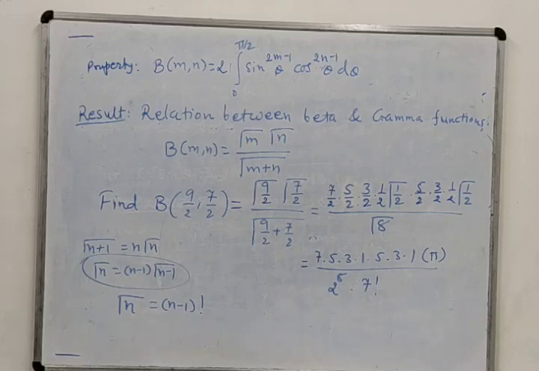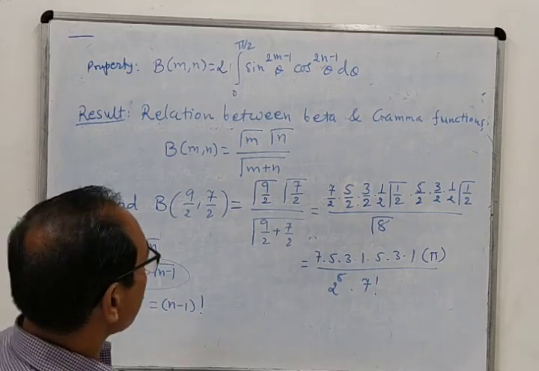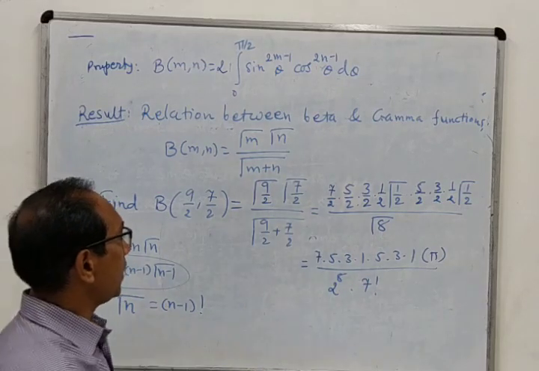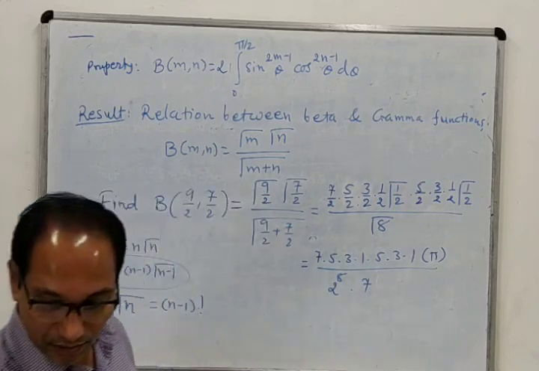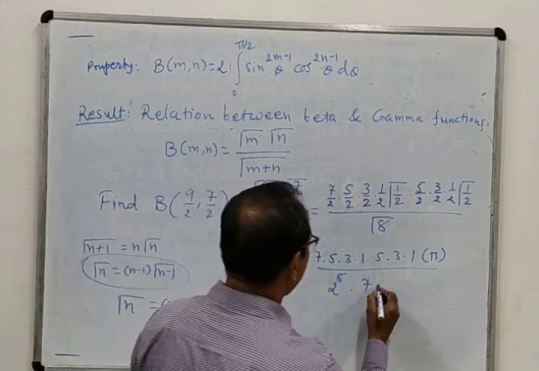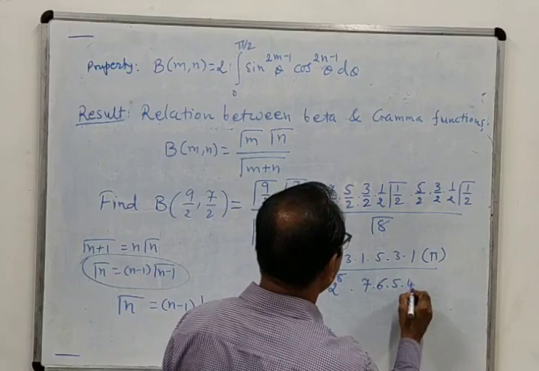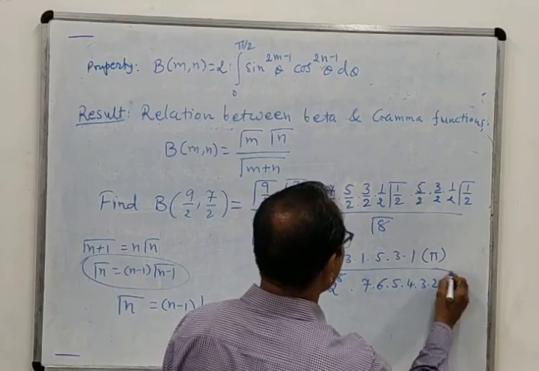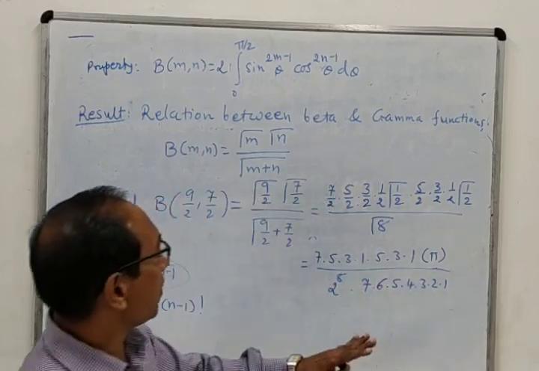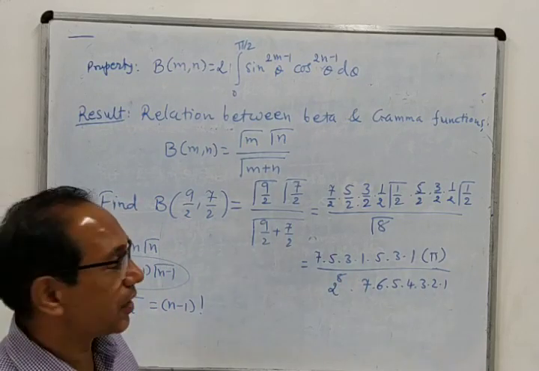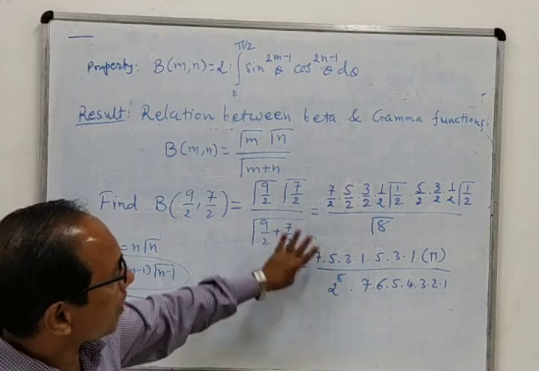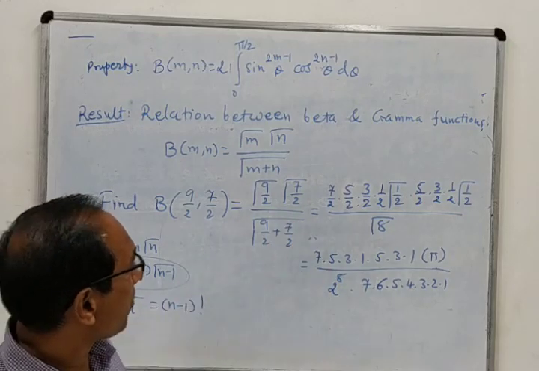So we can find out the value in this way. You can cancel out the values, because 7 factorial you can write as 7 into 6 into 5 into 4 into 3 into 2 into 1. If it is possible, then you can cancel out. Otherwise, if it is difficult to cancel out the terms and the numbers are very large, then you can put the answer into this form only.